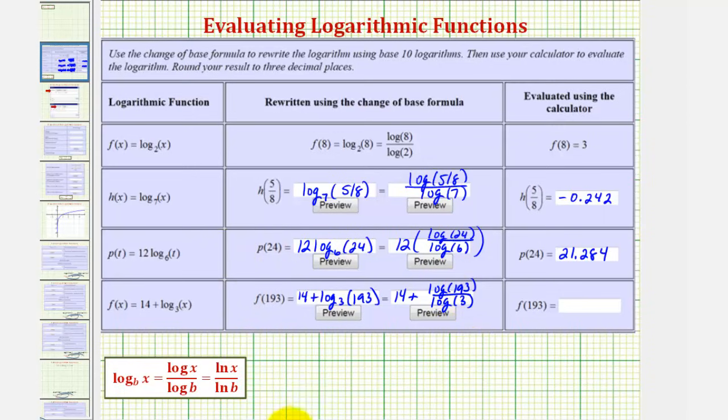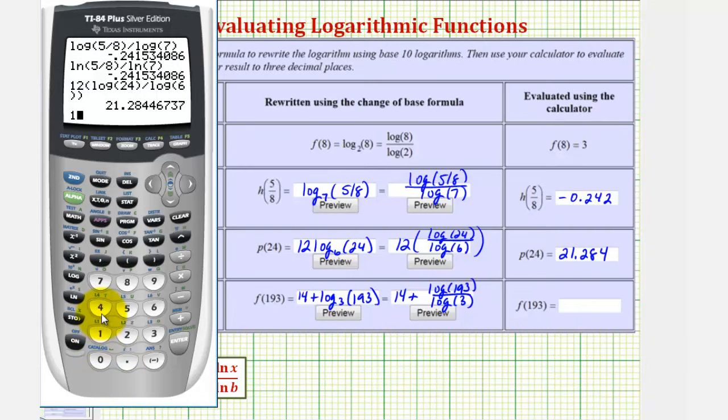Going back to the calculator, we'd have 14 plus common log 193 divided by common log 3. To 3 decimal places, this is approximately 18.790.